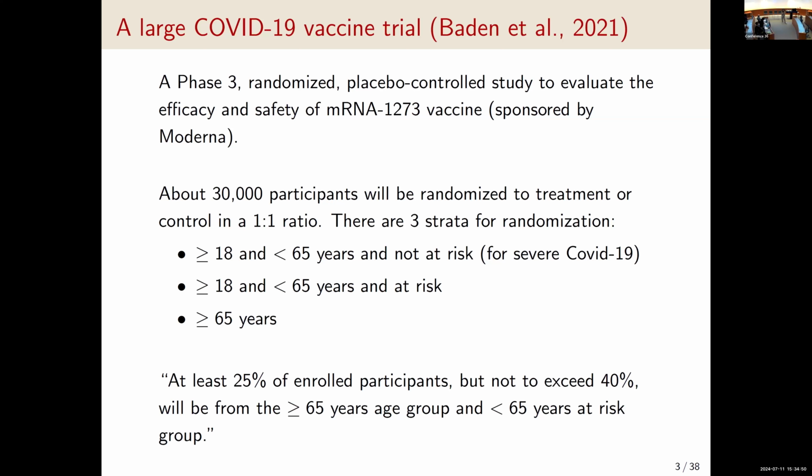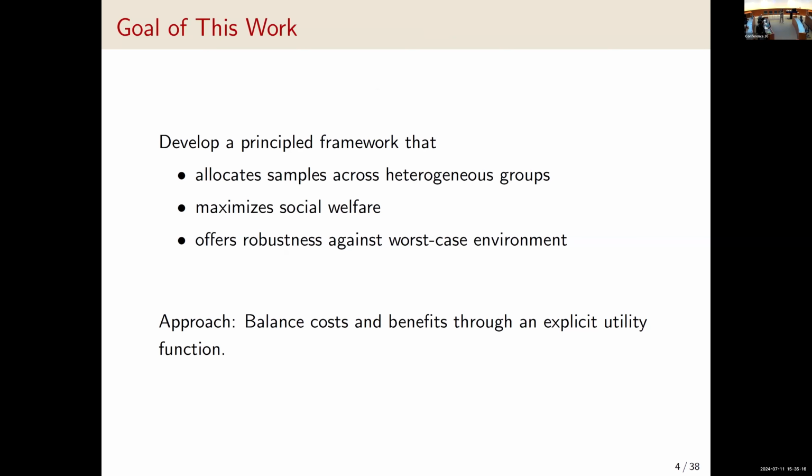It might be based on the conventional knowledge that you need to sample proportionally to the proportion of those people in the population, or it might be based on some other common practices we don't know. In fact, it is quite common that people just report those proportions without really giving a reason. The goal of this talk is then to develop a principled framework that allocates samples across heterogeneous groups.